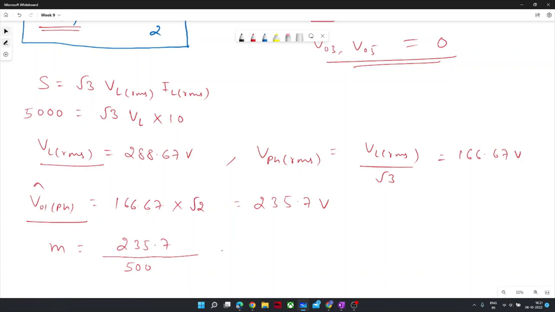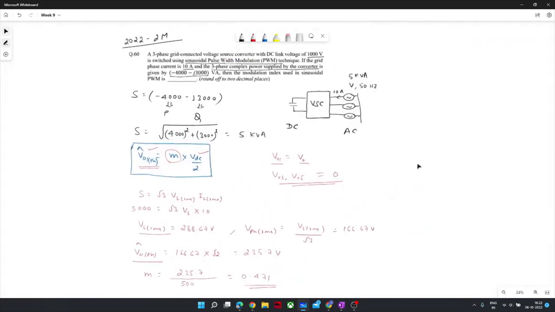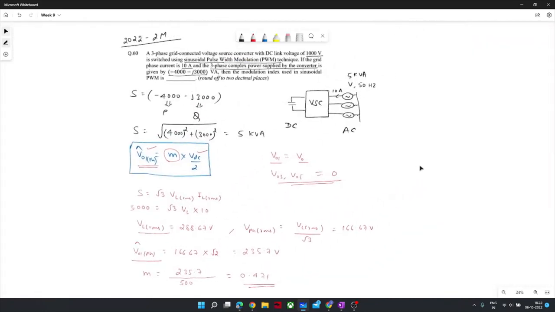So that will come out to be 0.471. So this was the answer. Any doubt in this problem? So I guess you understood this part.